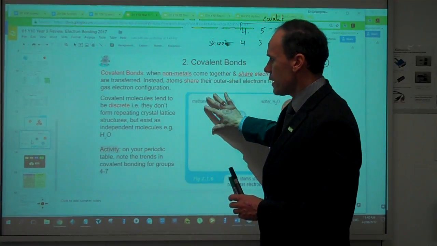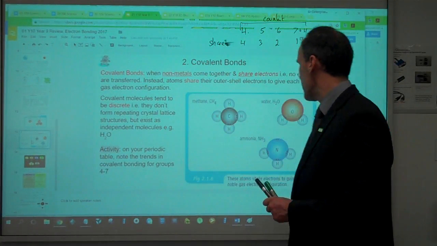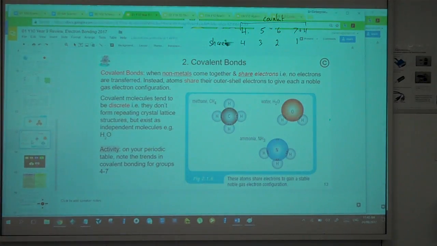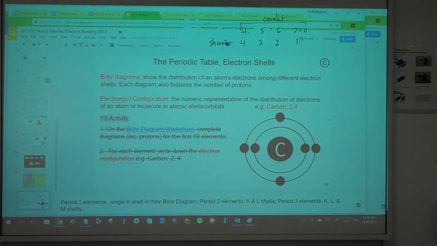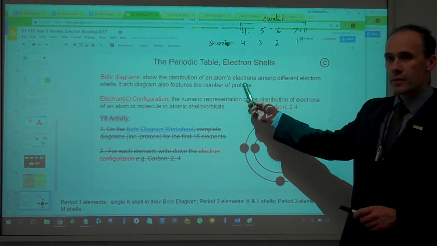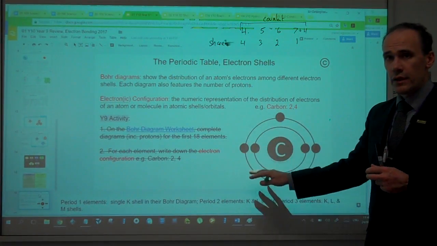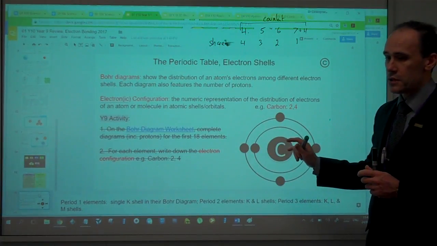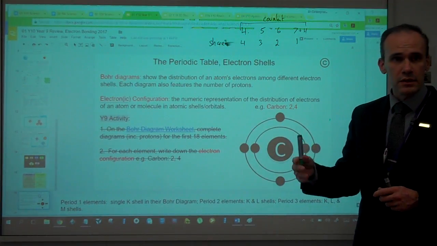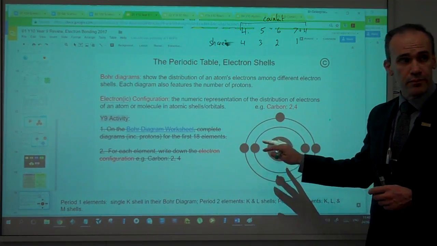Now, there's that. We've been through that. Lastly, on that slideshow, you needed to know the difference between a Bohr diagram, which shows all of the electrons, but in year 10 we're not interested in that. We're interested in valence electrons. So we don't draw Bohr diagrams anymore.